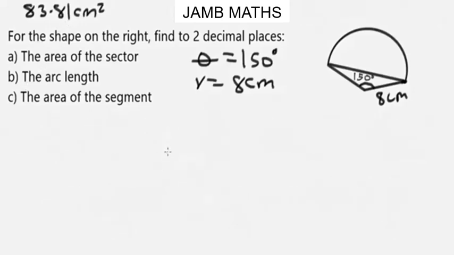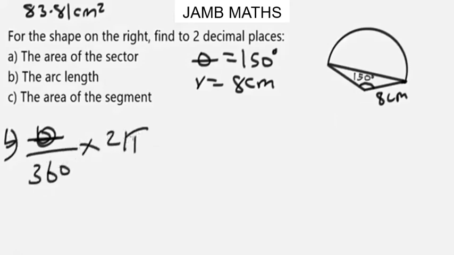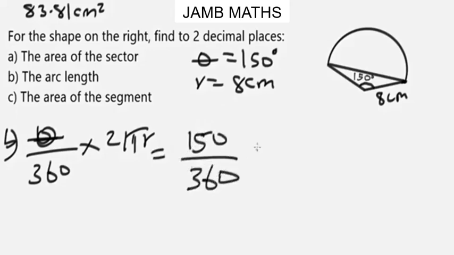Now for the length of arc, the B part of it, length of arc is theta over 360 times 2 pi r, circumference per circle. And from the parameters we have, when we plug it in this formula, theta is 150 over 360 times 2 times pi times our radius, 8.